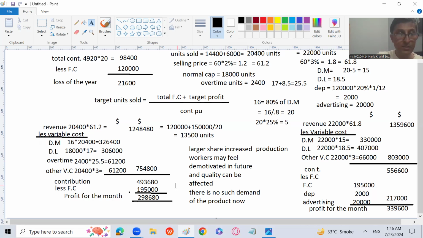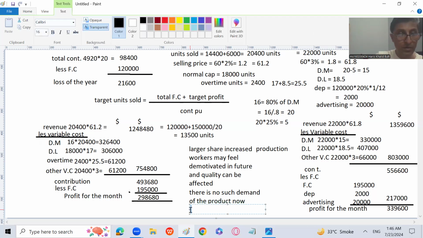So profit has increased in option B by 40,920, which is basically helping us to cover the fixed cost of 20,000 for advertisement. So that is also very nice.